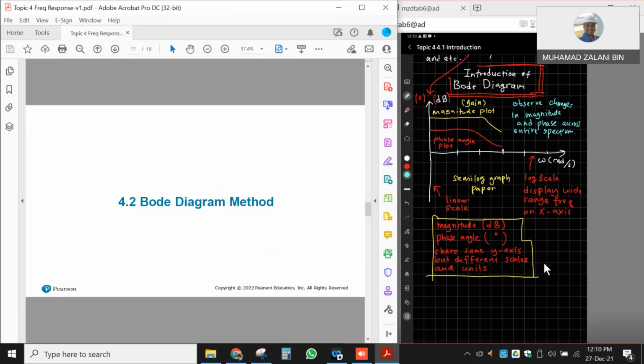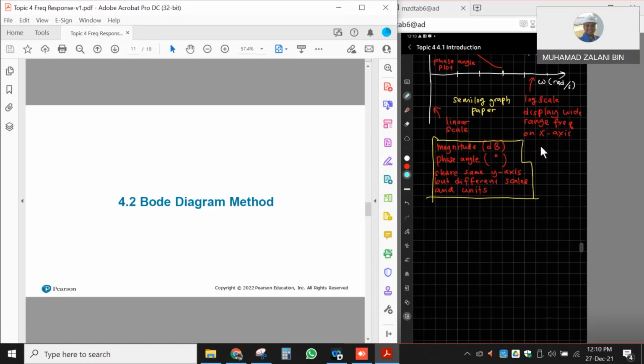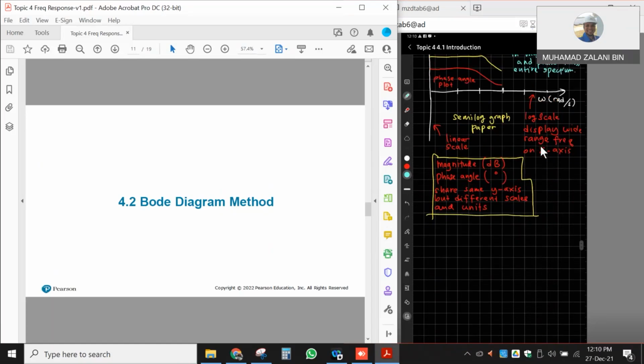The magnitude unit is represented in decibels, dB, which is the gain, and the phase angle is represented in degrees. The y-axis is shared by the magnitude and phase angle, but with different scales and units.